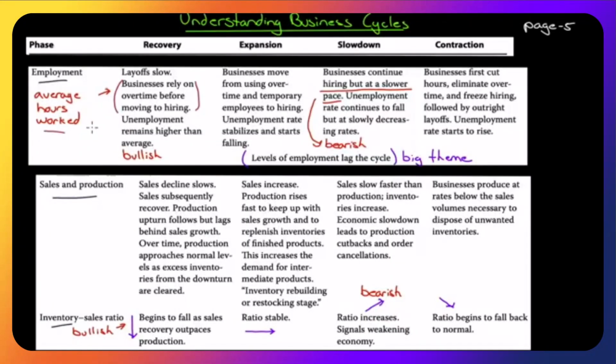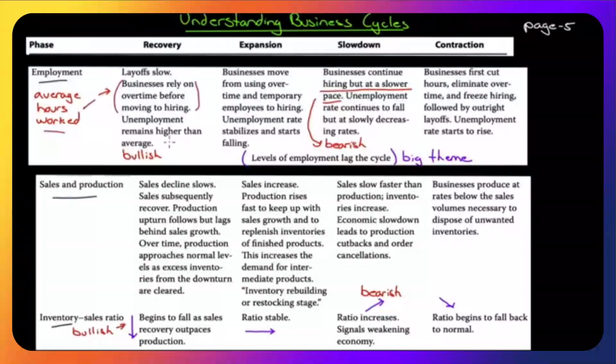So this is where we want to look at the average hours worked per week. You might see very low job creation, but you see average hours worked per week beginning to increase and increase. And once you start pushing 35 and a half, even though I know it's well below 40, that typically is a signal that there's going to be some job creation because you're maxing out hours per week.